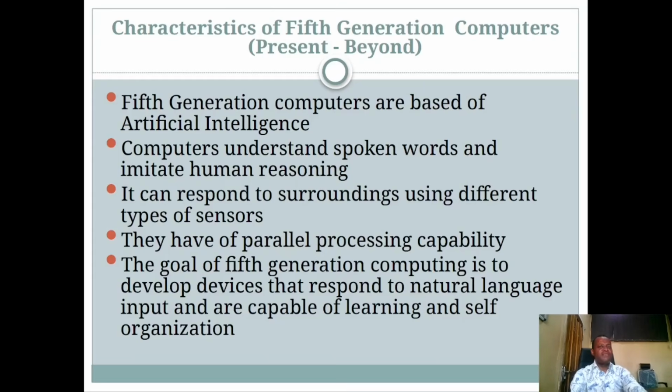Computer systems in the fifth generation all have parallel processing capability. That means it is possible for them to have 2 or 3 processors or even more working together in parallel to carry out data processing activities.